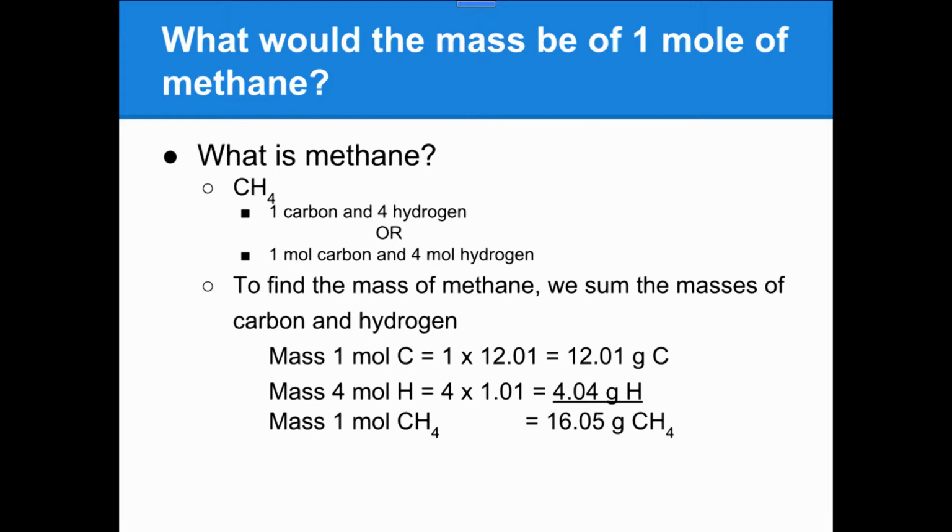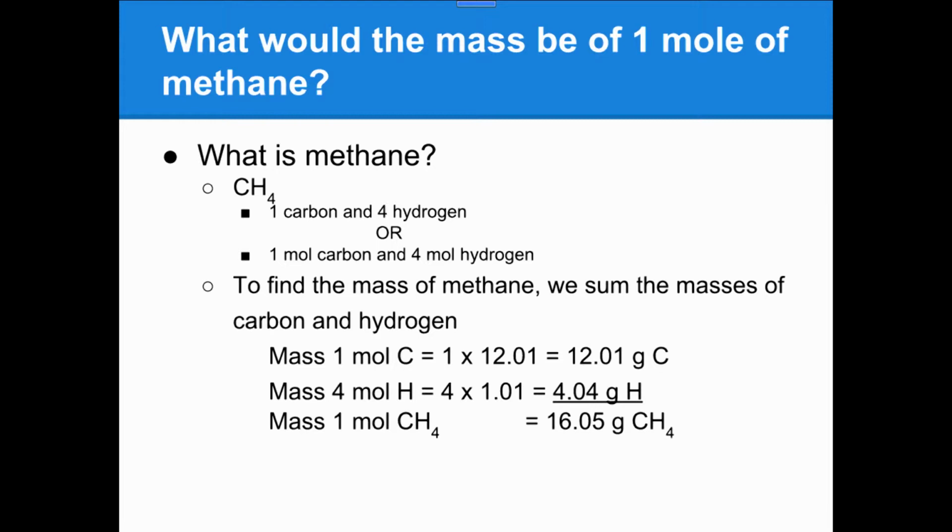That is the atomic mass from the periodic table rounded to 2 decimal places. So 1 times 12.01 is 12.01. We have 4 hydrogens, and each hydrogen is 1.01. Again, I'm getting that 1.01 from the periodic table. I'm reading it directly off of there. I'm just rounding it to 2 decimal places.